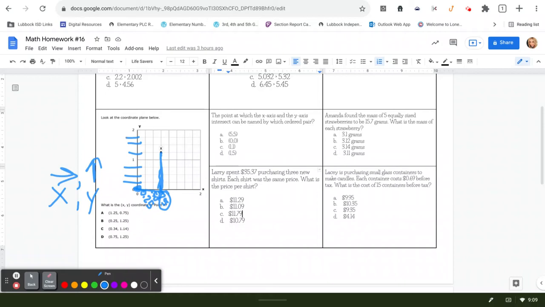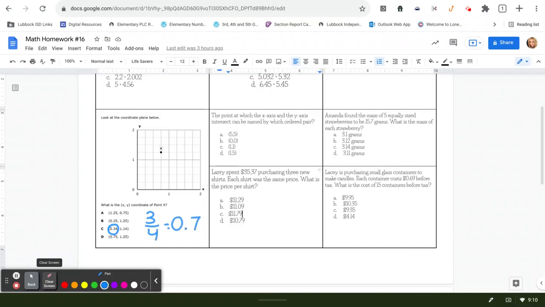I know that my X was 75 hundredths, so it cannot be this one. I think that's our distractor. Not this one. Not this one. C could be a distractor also, because 3/4 is the equivalent fraction to 75 hundredths. So that could be, but D is our correct answer.